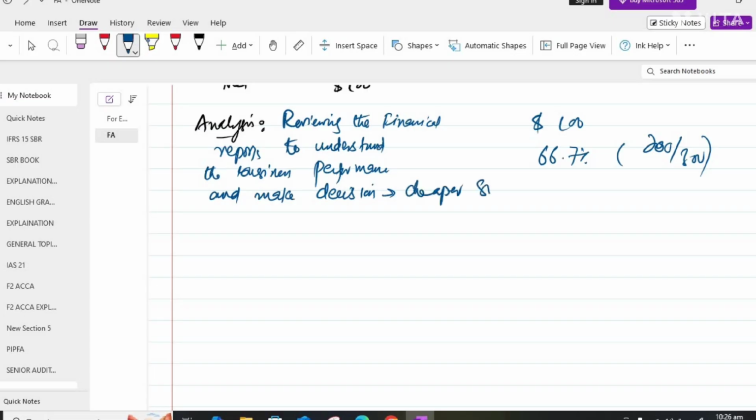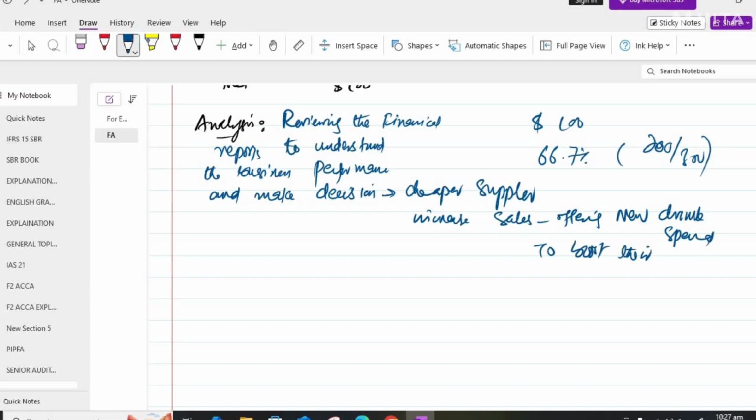Or another option this coffee shop owner has is to increase the sales, and for that they need a different strategy. They may increase their sales by offering, let's say, a new drink, and that drink should be special to boost their earnings, income or revenue. So we have understood the three components.